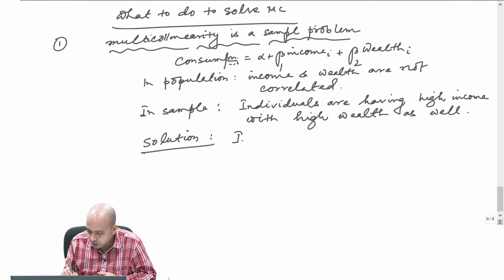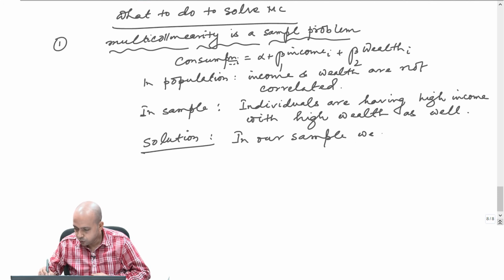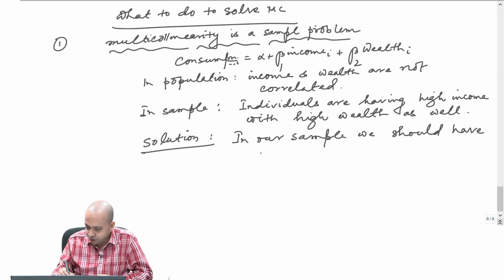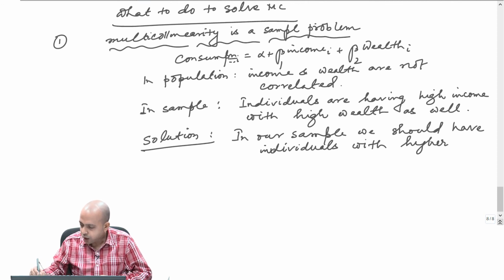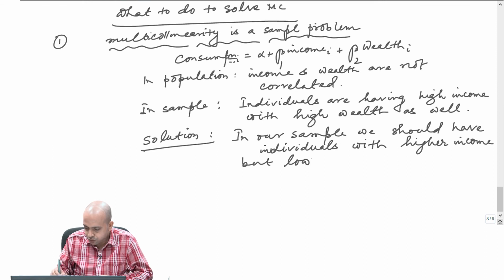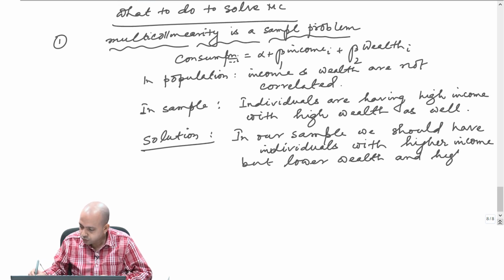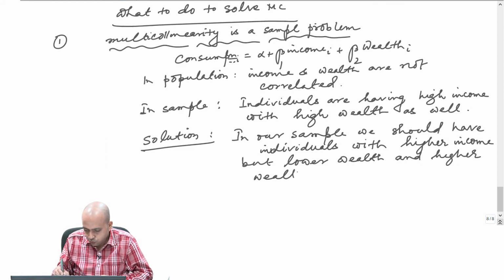In our sample, we should have individuals with higher income but lower wealth, and higher wealth but lower income.